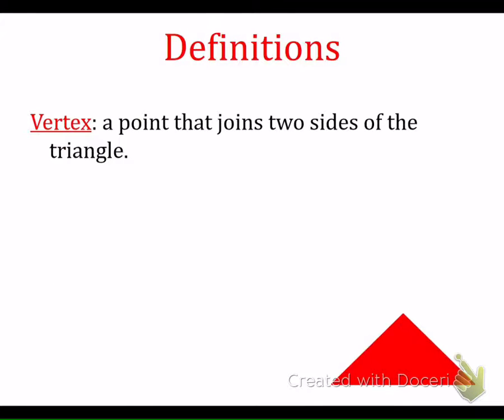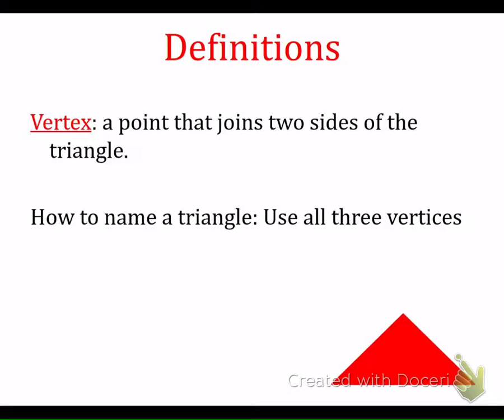Next, we're going to talk about the definition of a vertex. The vertex is a point that joins two sides of a triangle. When you are naming a triangle, we use all three. The plural for vertex is vertices.